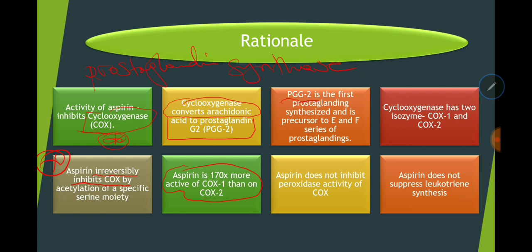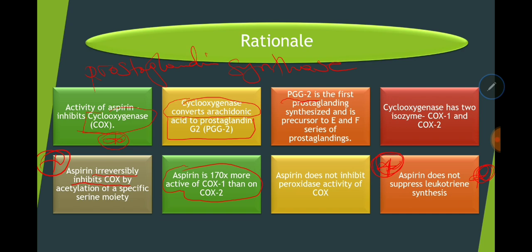So the COX enzyme has the activity which breaks down the arachidonic acid, but it also has another activity which is peroxidase activity. All right, so that's not inhibited. Aspirin does not. Make sure you understand this. Aspirin does not inhibit or suppress the synthesis of leukotrienes.